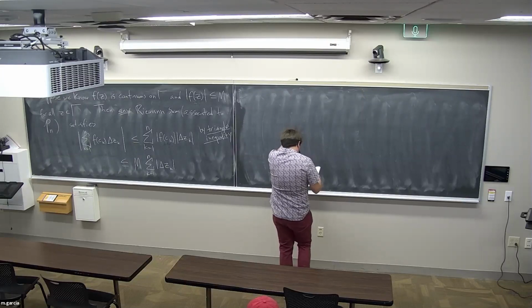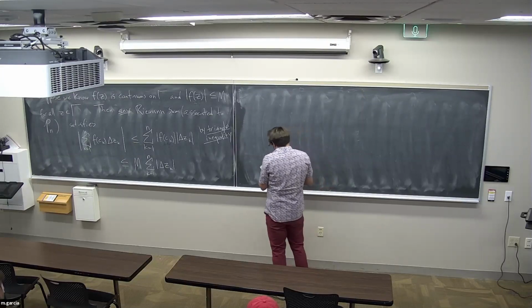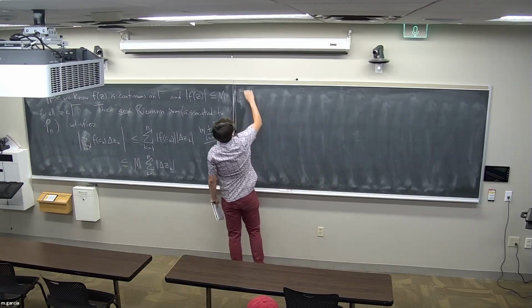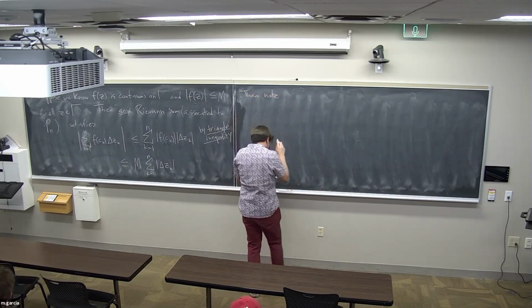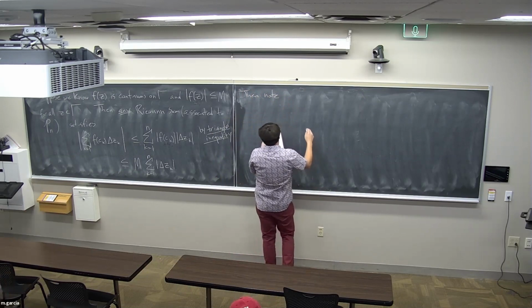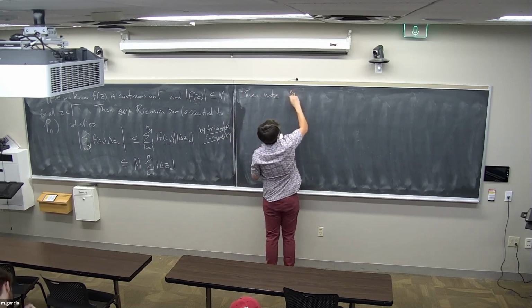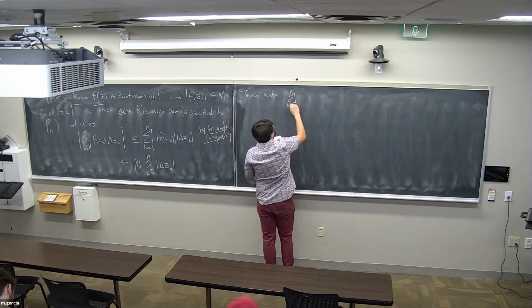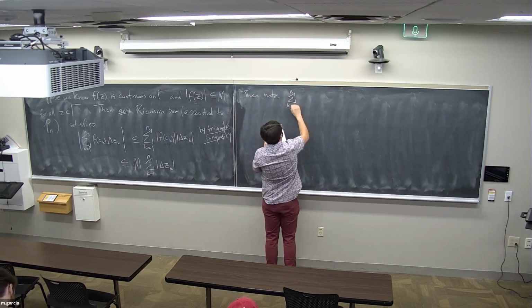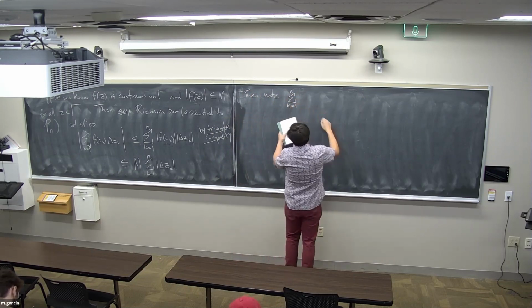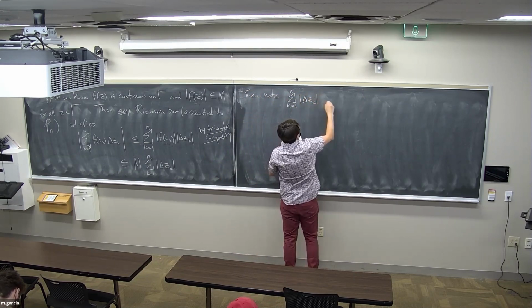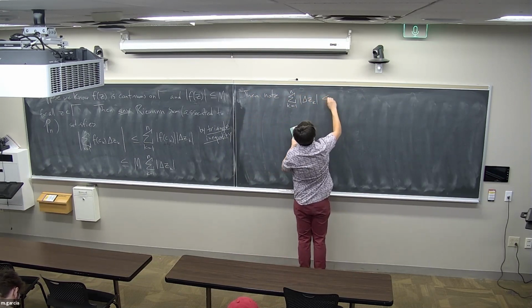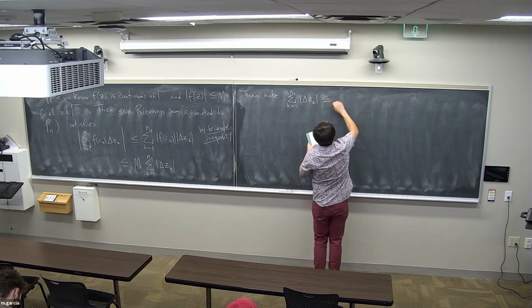So then note that the sum of the moduli of the delta zk's is less than or equal to the length of the contour gamma.